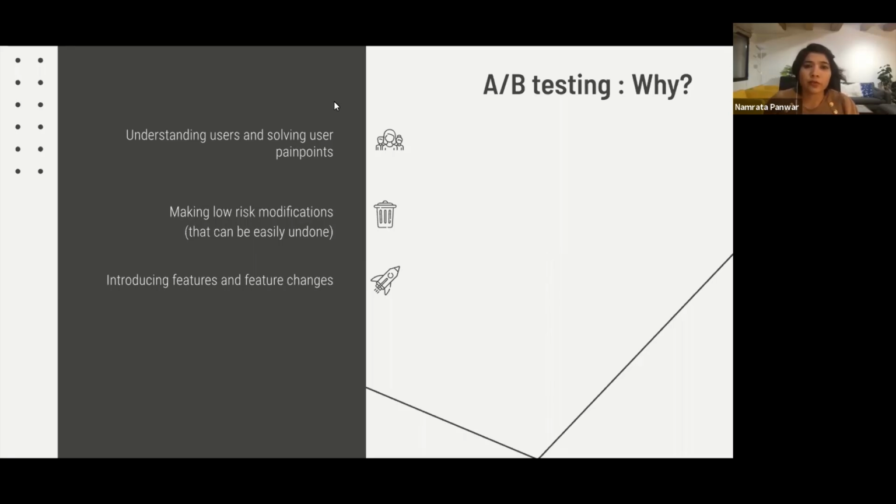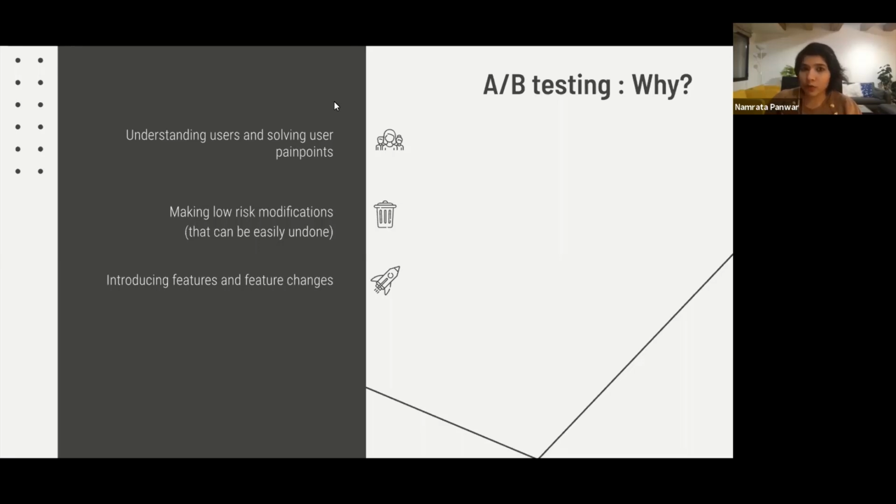For example, features that work for Airbnb don't necessarily work with Booking.com users because we have different types of users, different needs, and different pain points that we want to solve for them. In that case, we don't want to assume anything or copy-paste features, but we want to test them and see whether the new features we're introducing are adding value for our users. So that's another reason why we need to do A/B tests.